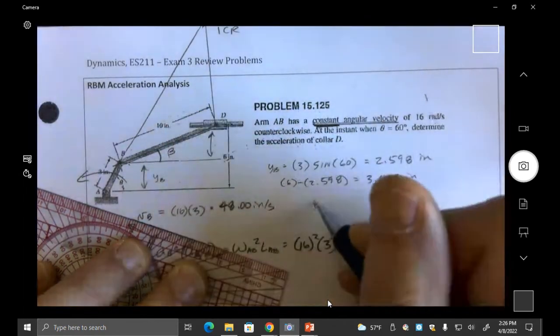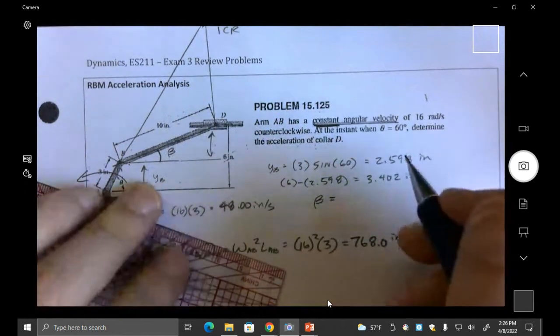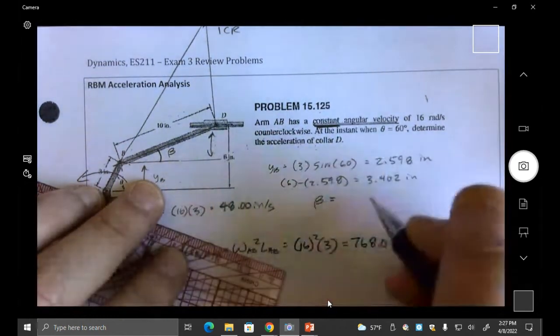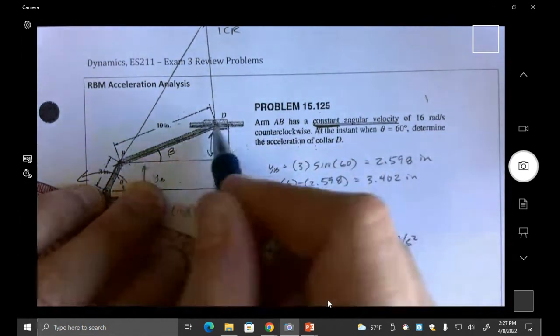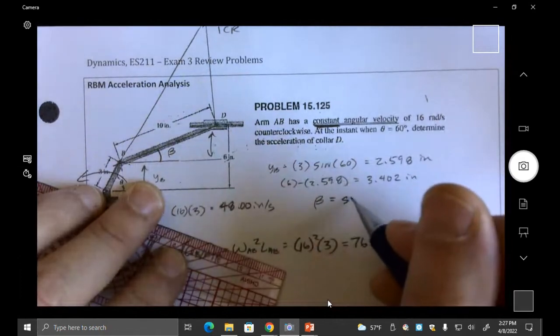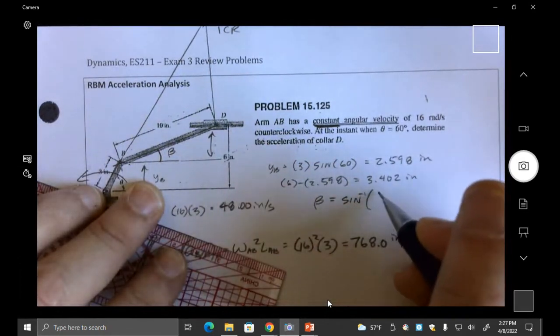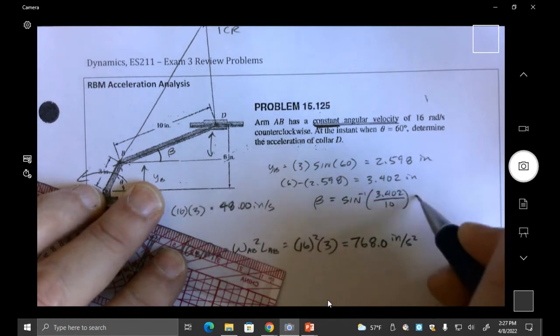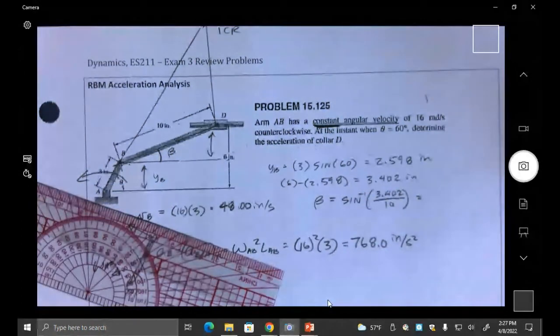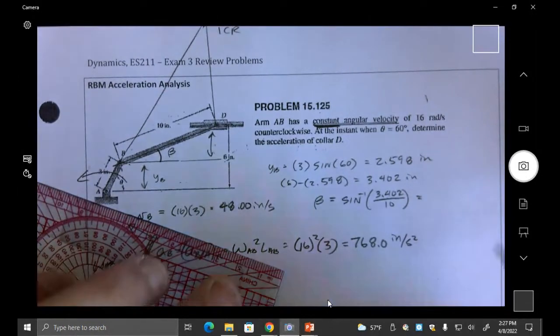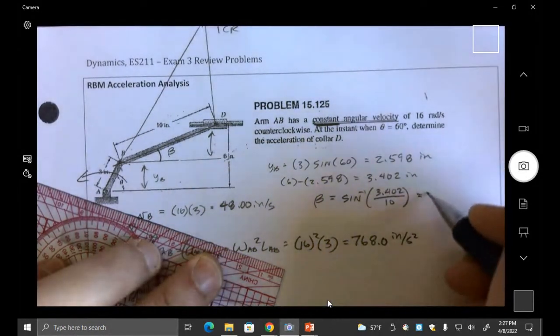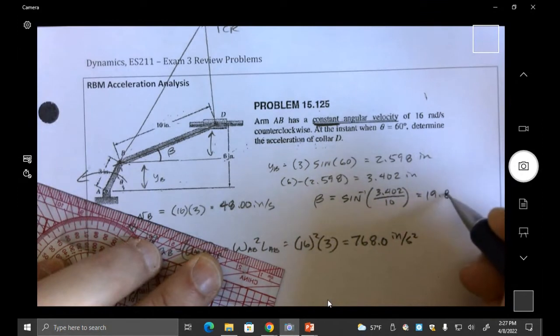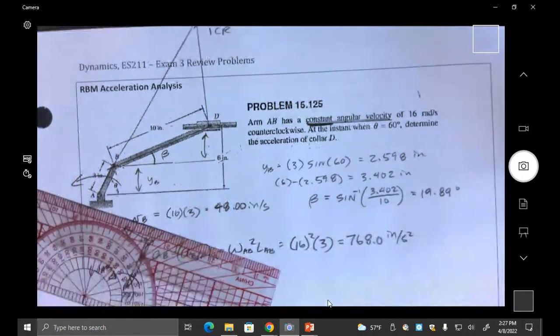So this is going to be beta. Beta is going to be rise over hypotenuse, so that's inverse sine of 3.402 divided by 10. I get 19.89 degrees.